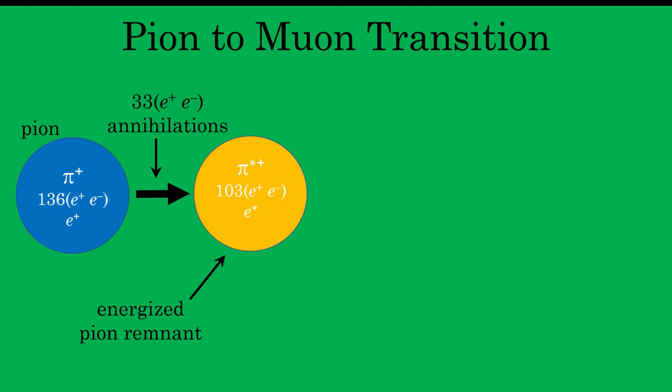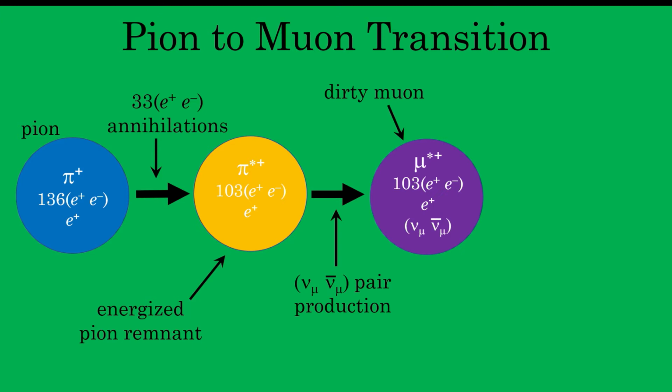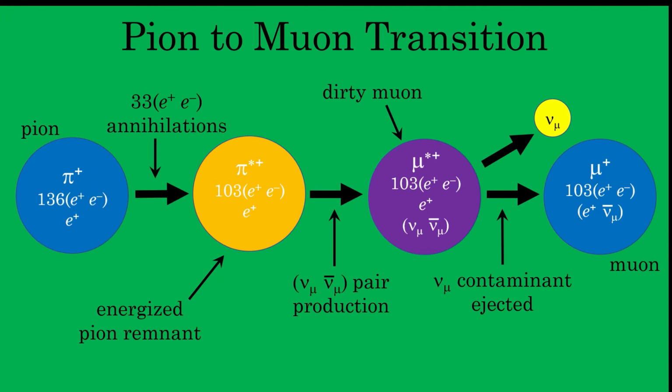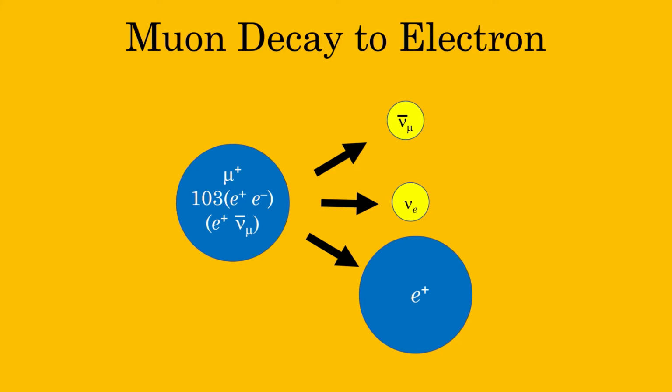Then, engulfed in the annihilation energy, the valence particle causes a muon-neutrino-antineutrino pair to form, creating a muon with an extra muon neutrino or antineutrino in it, a dirty muon. A dirty positive muon captures the antineutrino and ejects the neutrino to become a positive muon, while a dirty negative muon captures the neutrino and ejects the antineutrino to become a negative muon. Then, the muon decays into an electron and two neutrinos.